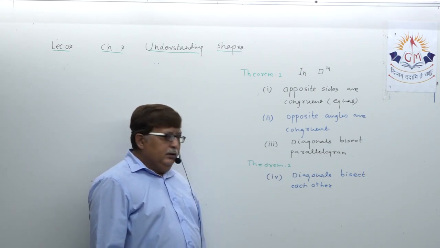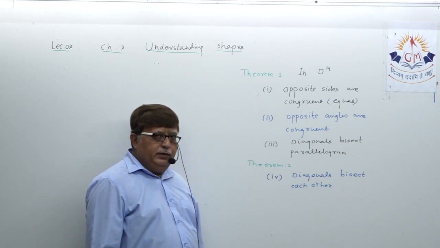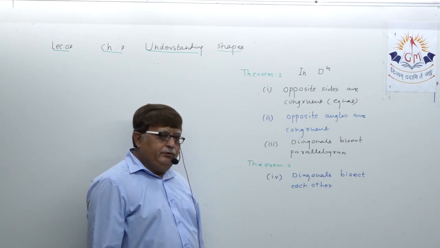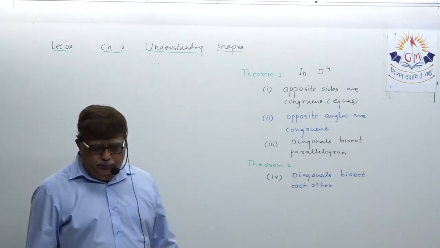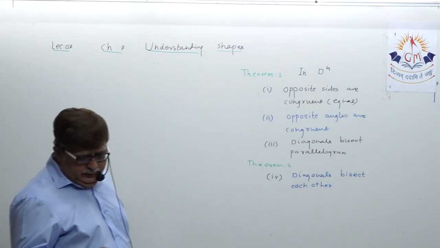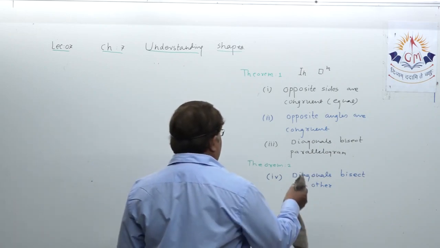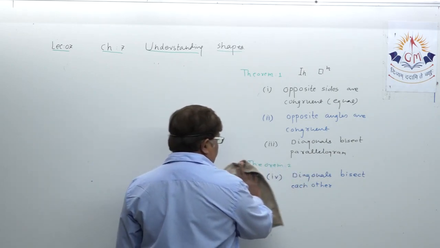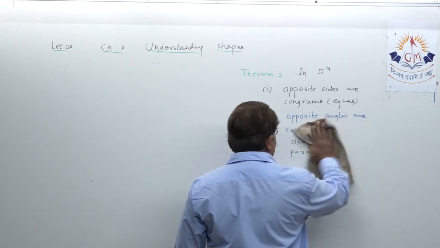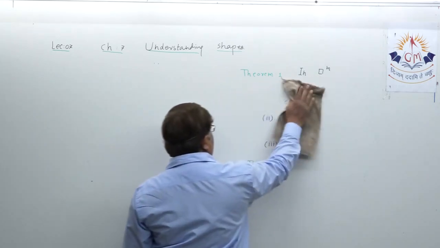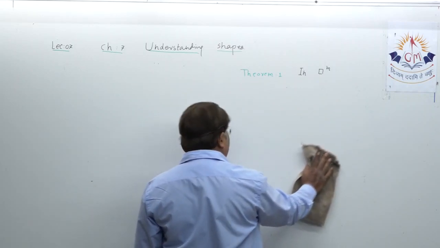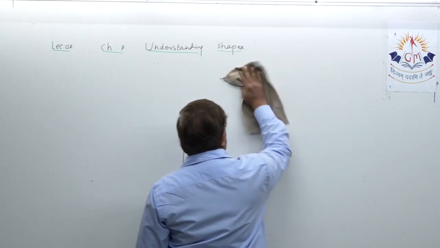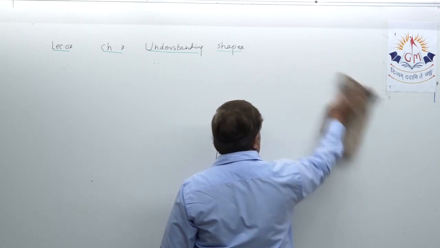Fourth, diagonals bisect each other. Okay, these are the properties that have to be in your mind. Now let us discuss some examples which are going to utilize all these properties.